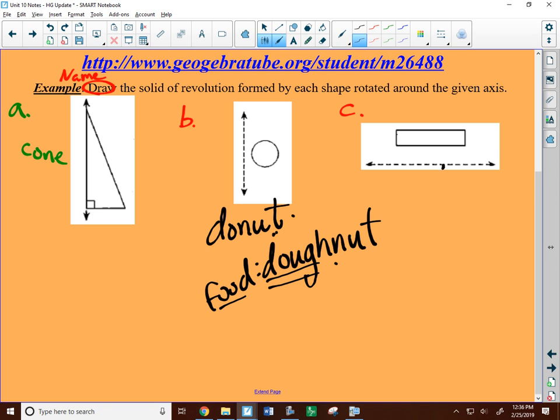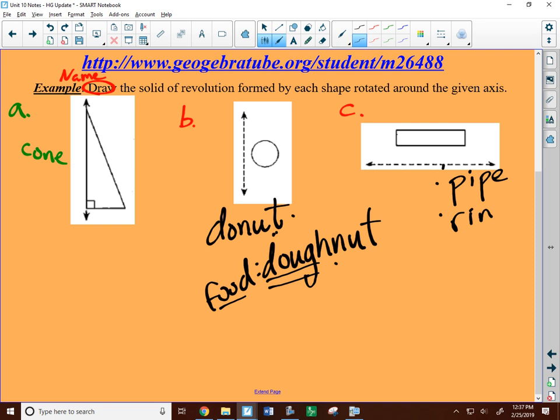C. Cylinder. Well, just a straight cylinder? It's a cylinder, but there's a hole in the middle. Somebody earlier said like a pipe, or I said a ring.